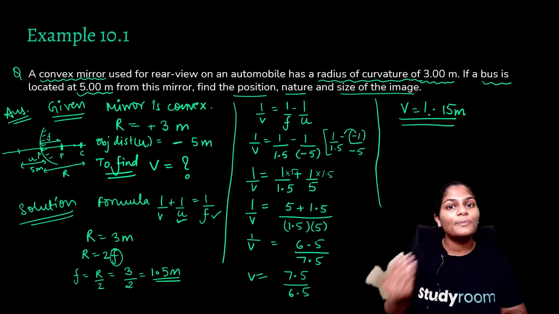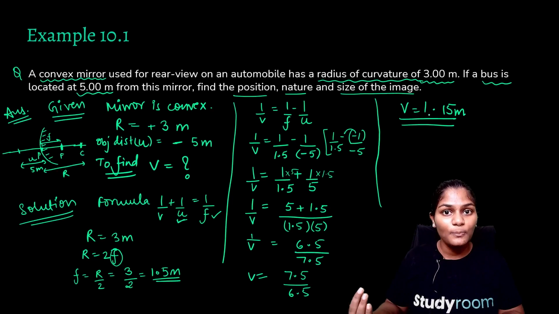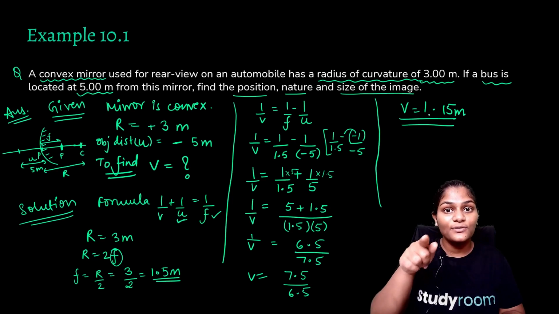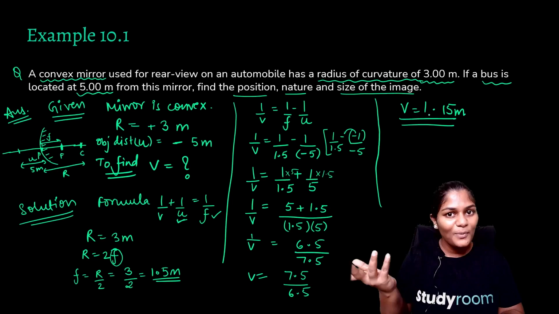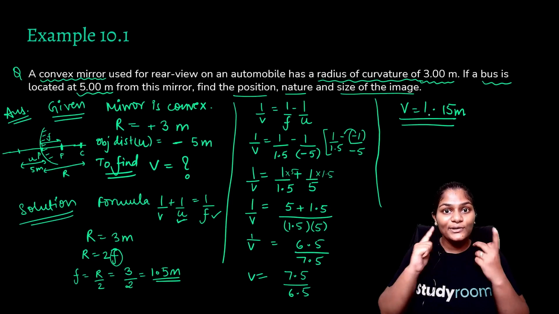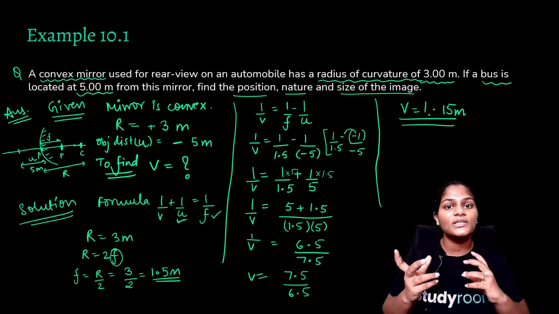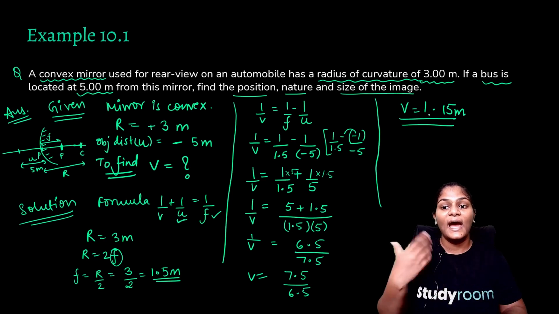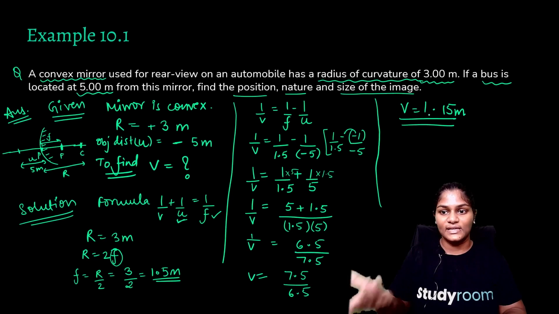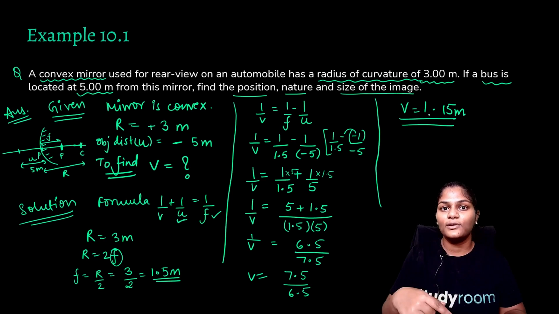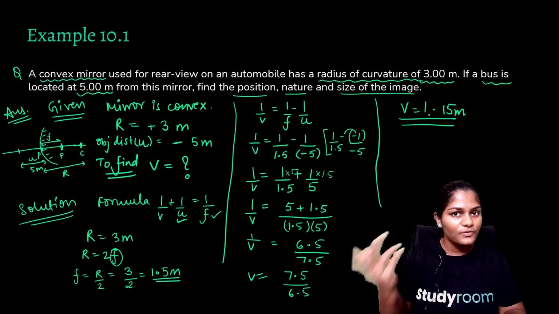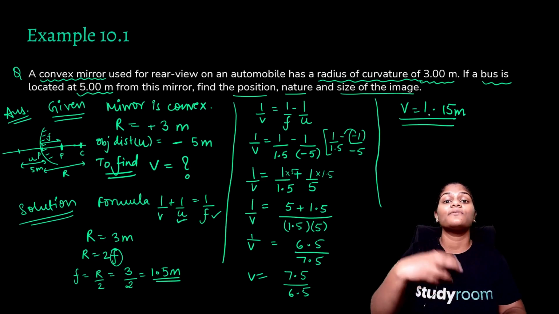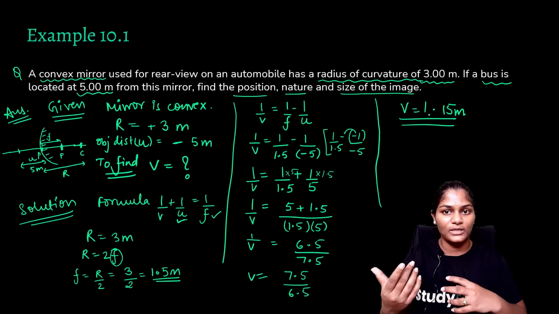It is obviously going to be positive because it is to the right side of the pole, right? And what is the sign of V that we have gotten? It is positive only. So it's kind of like you are checking your answer in your brain simultaneously, and it makes sense. So that is why we didn't put the sign of V initially, even though we knew it was going to be positive, but we always get it from the numerical only.